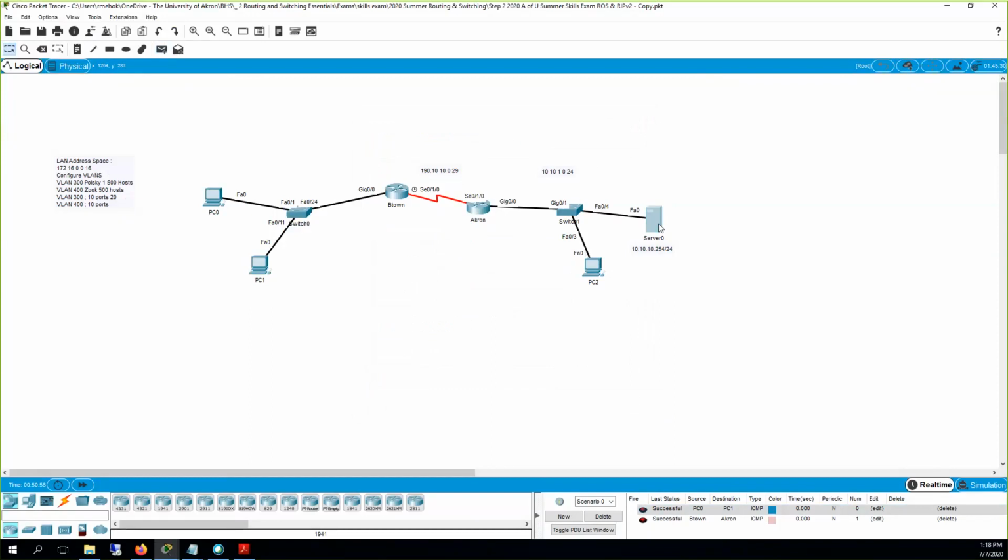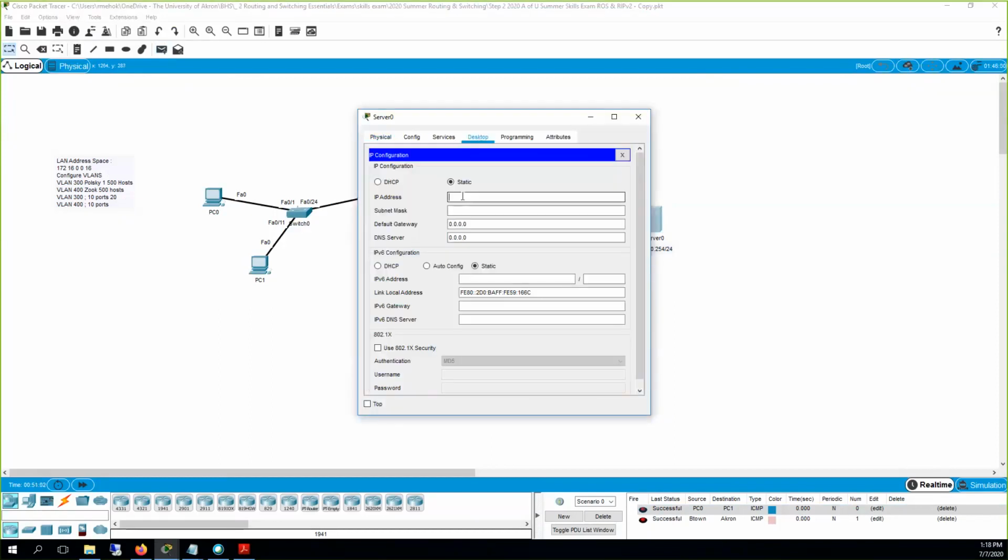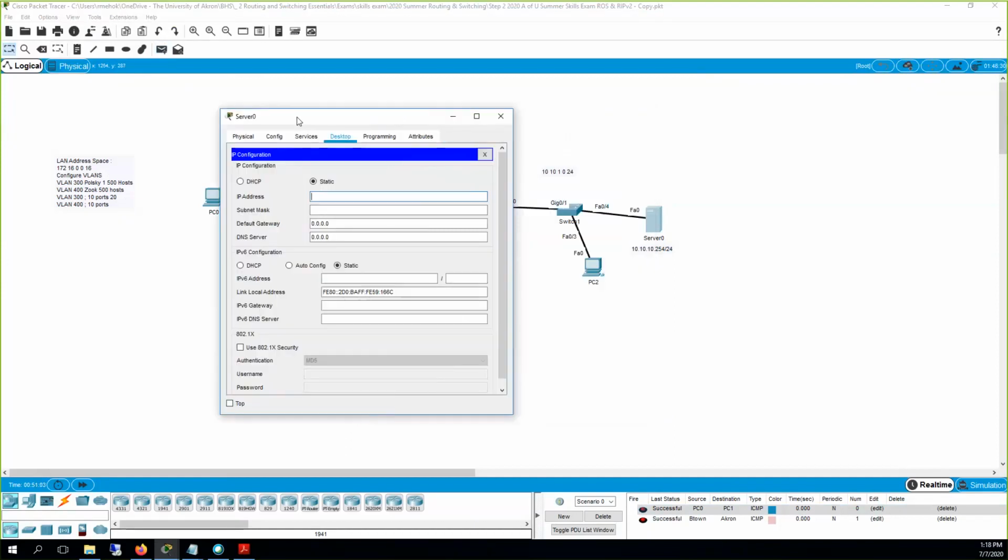Let's configure our server and make sure to put the server IP is this because we need to do it for NAT and PAT. A 24-bit mask.